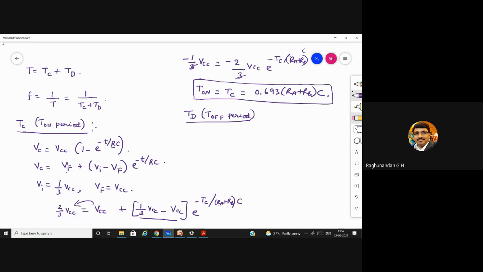Now, as we know, when the capacitor is discharging, it discharges from its maximum reached value to the minimum value. Already we know that the maximum value it can reach is 2 by 3 Vcc.